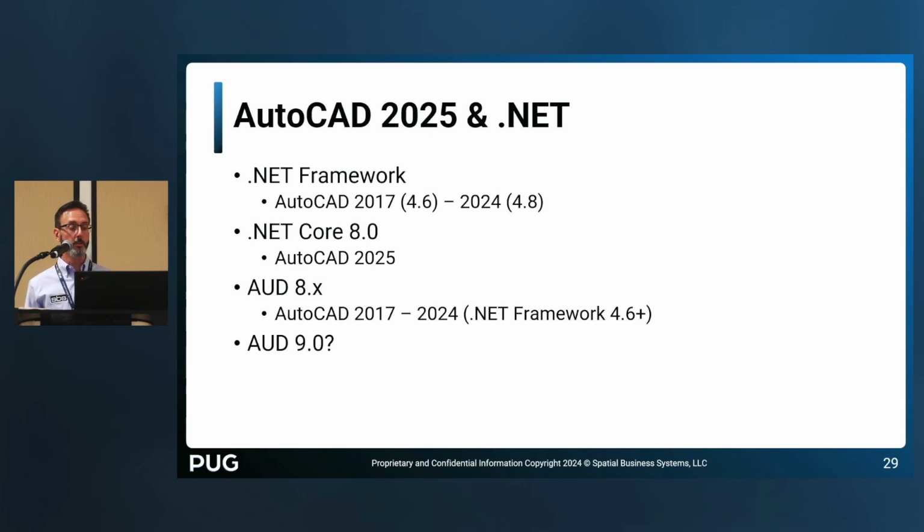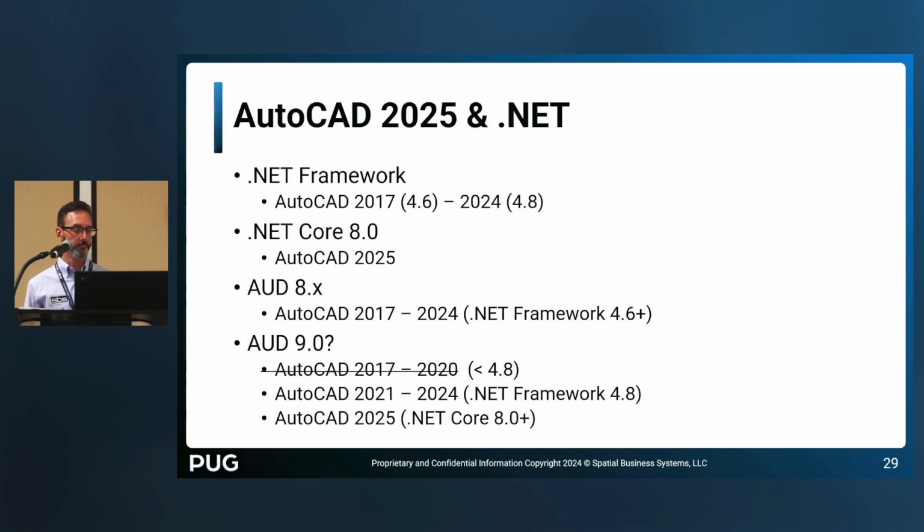So for AUD 9.0, out of necessity, we're really needing to drop support from 2017 to 2020. And that's because those products build against .NET frameworks that are earlier than 4.8. That's not something we're thrilled about, but it's really just a necessity based on the versions of .NET that we can use.